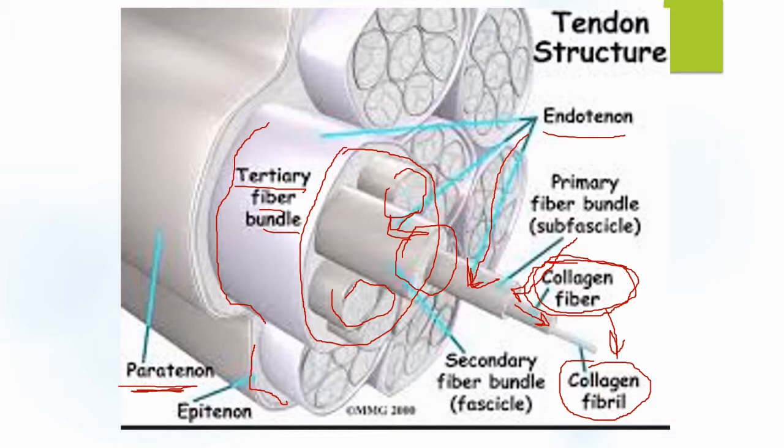So the take-home message about the structure of tendons is that the structure of tendons begins in the belly of the muscle with the connective tissue layers of the individual muscle fibers, and then the fascicles, and then the entire covering of the muscle itself.